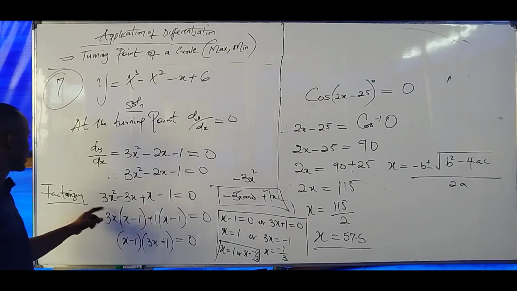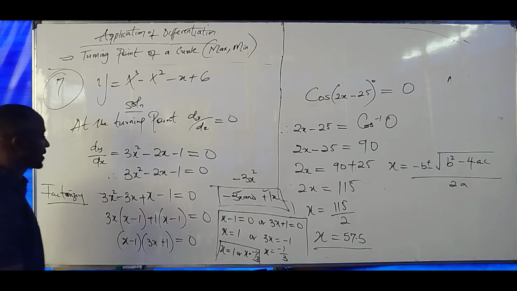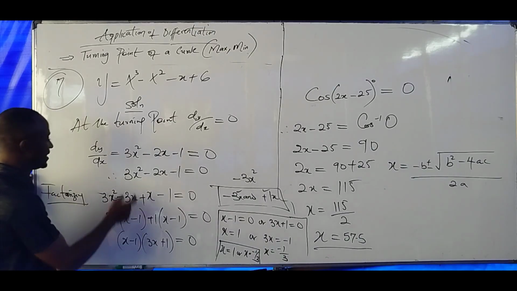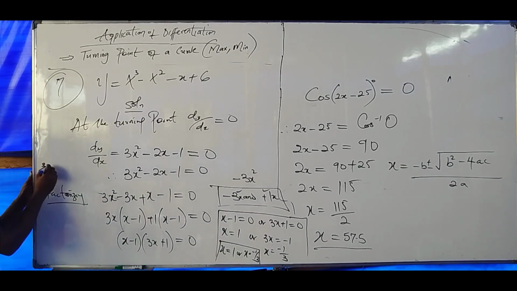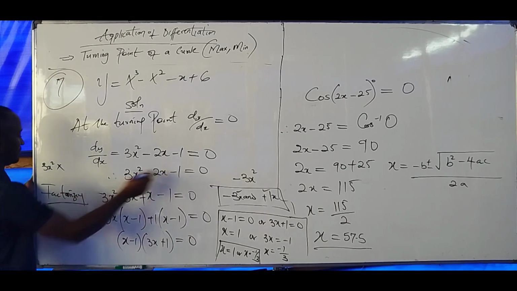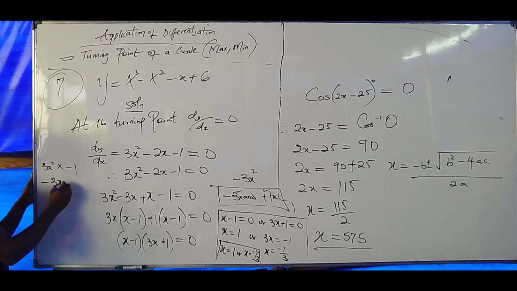Then we have to factorize to find the value of x at the turning point. To factorize simply means we multiply the first term, 3x squared, times the last term, minus 1, and that gives us minus 3x squared.